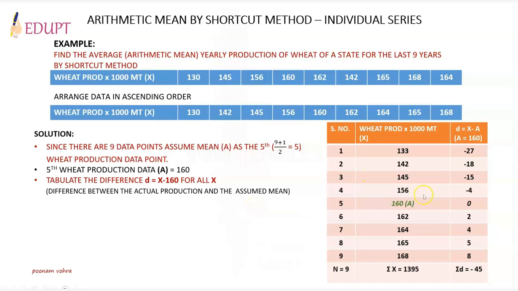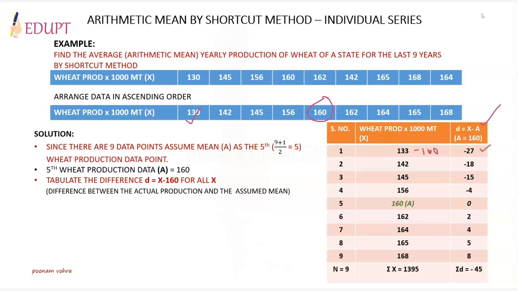You need to find the deviations. Deviations as x minus a. X is the values given and assumed mean is 160. So by finding deviations, we get in the first case 133 minus 160, which will be minus 27.